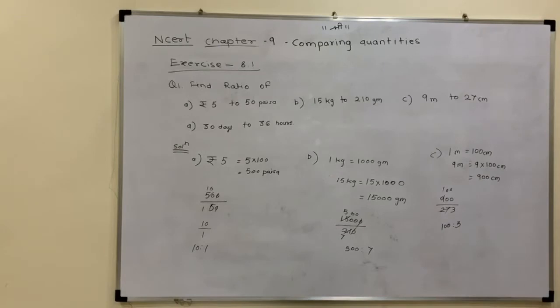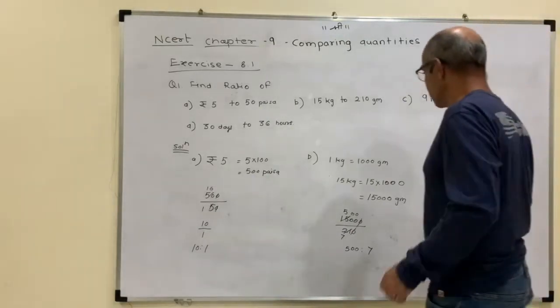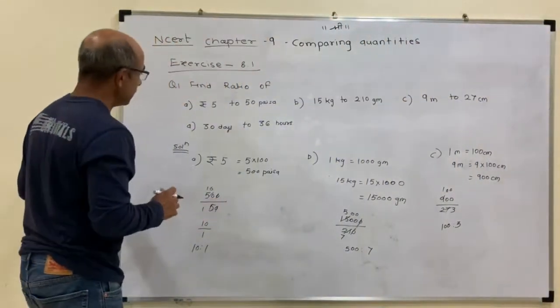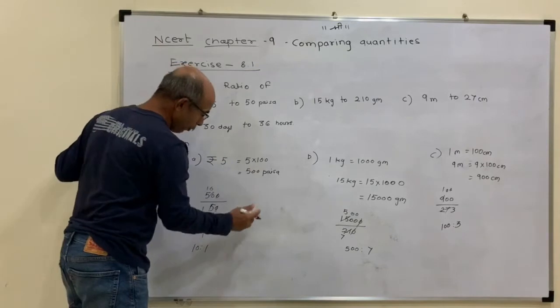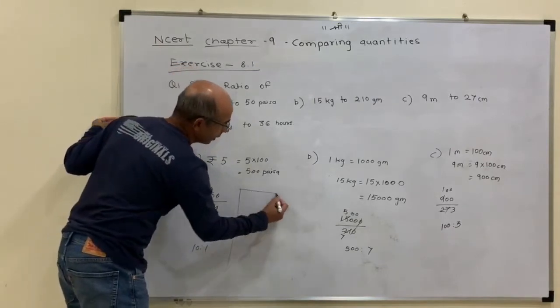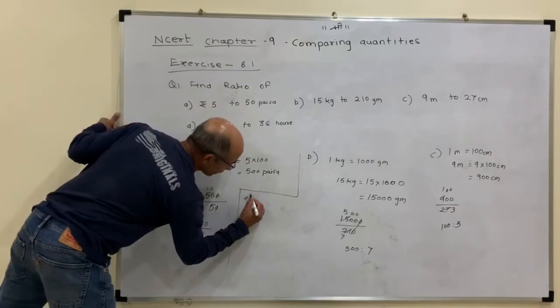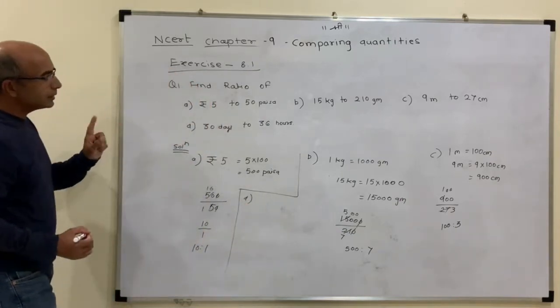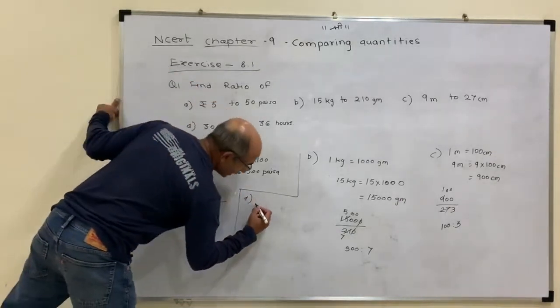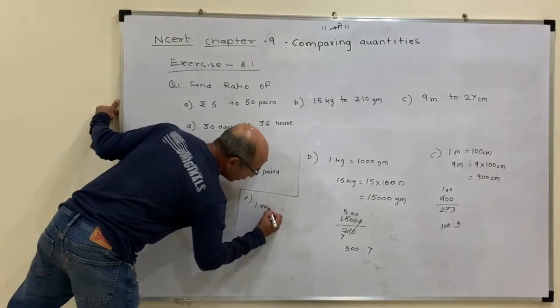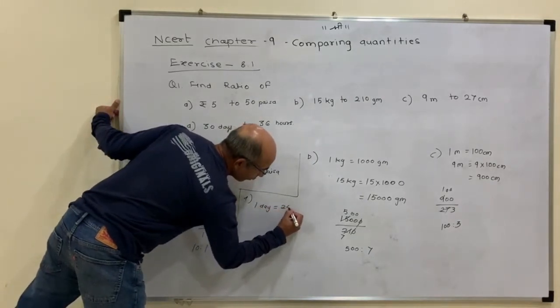So these are my A, B, C. Now let's say D I solve here. 30 days, 36 hours. 1 day equals how many hours? 24 hours.